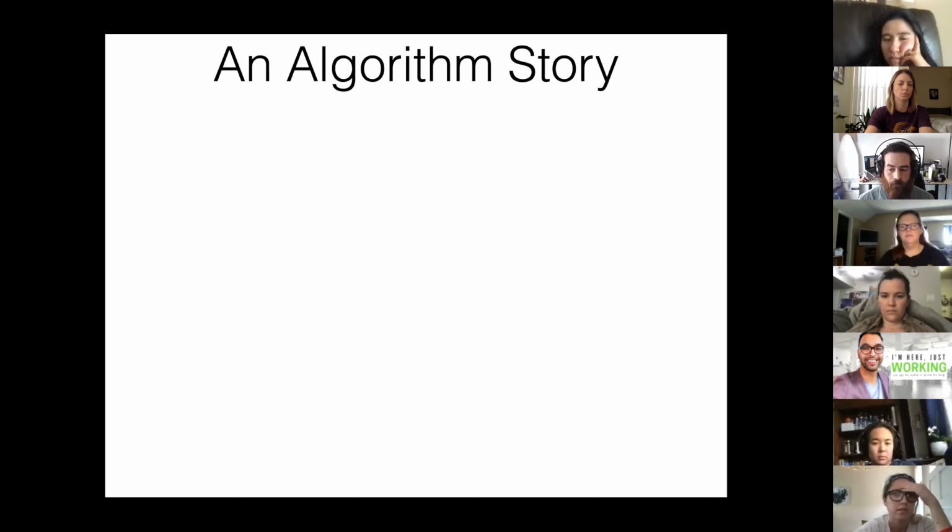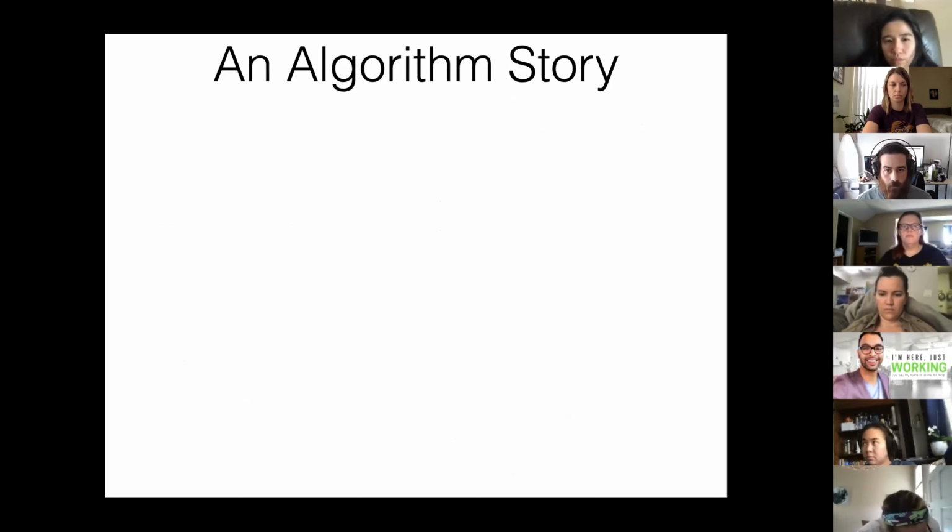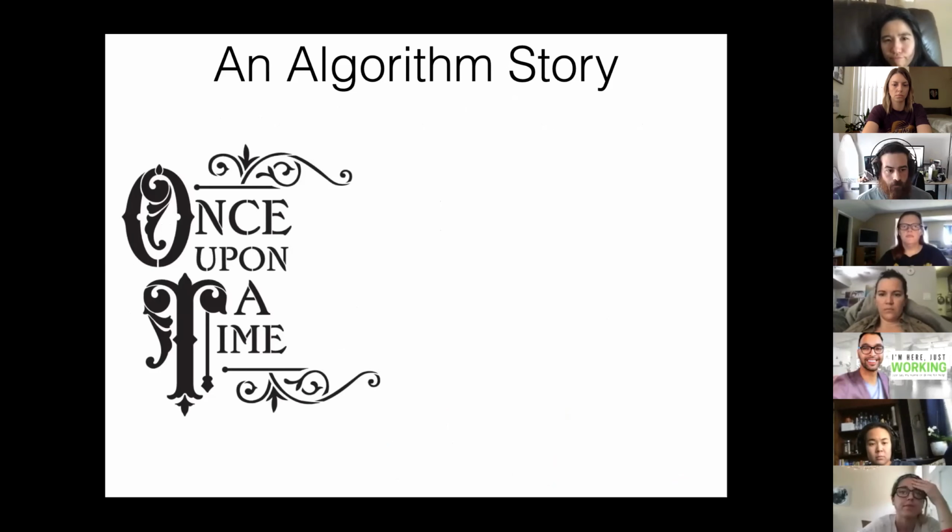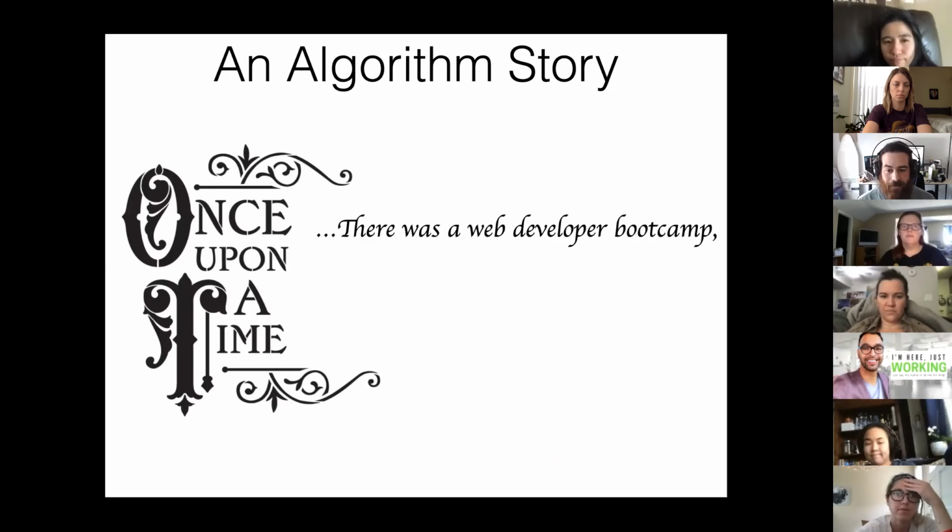Okay. So that was our first algorithm story of routing transit of some kind between cities by computing graph properties. Let's do another one. So once upon a time, there's a web development bootcamp.